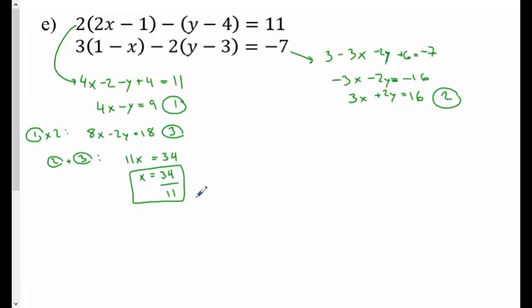Okay, then I'm going to sub that into one of my equations. So let's sub x equals 34 over 11 into one of my equations. Let's sub it into equation 1, because equation 1 doesn't really have a coefficient for y.